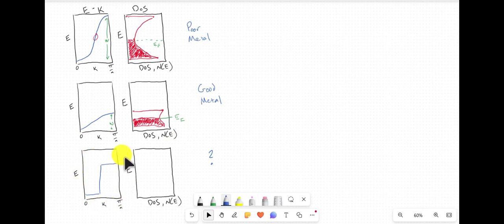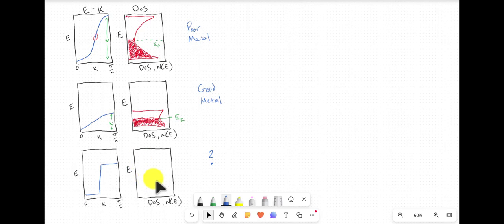Now let's look at this third case where we have another limiting extreme in our band structure diagram. So we start down here at k equals 0, and then we have essentially this delta function, this inflection point where we nearly have a monotonic increase in E, and then it flattens out.